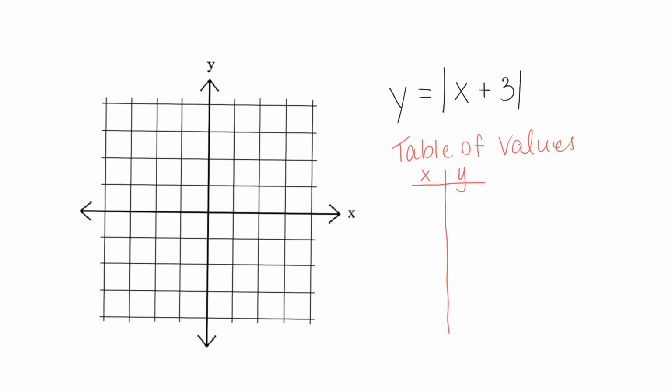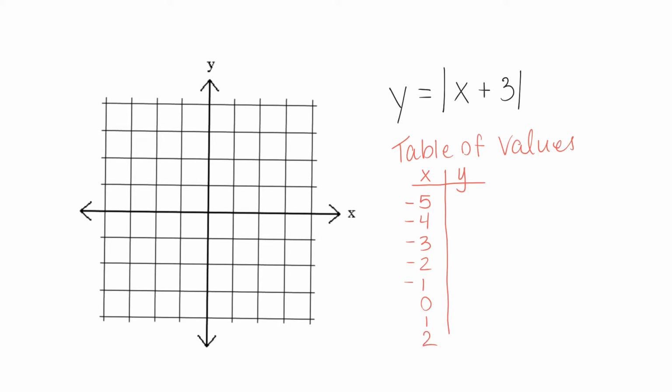In this case, we're going to start with negatives and positives. So always make sure you get a good spread of numbers. So I'm going to say -5, -4, -3, -2, -1, 0, 1, 2.